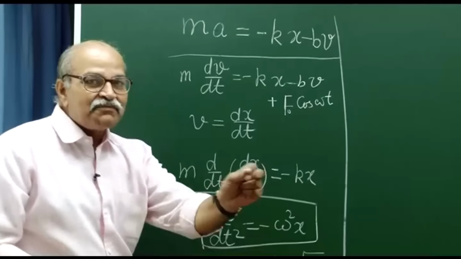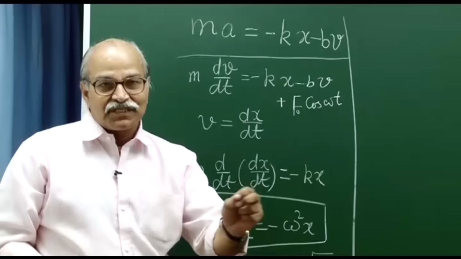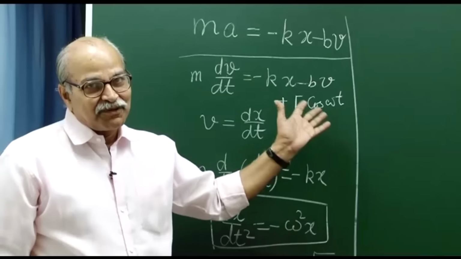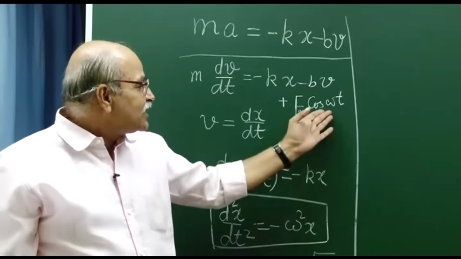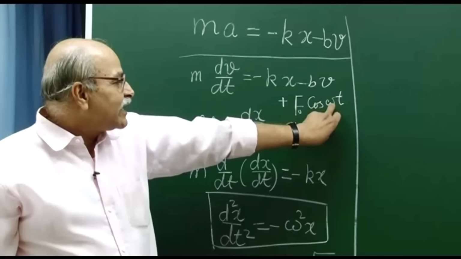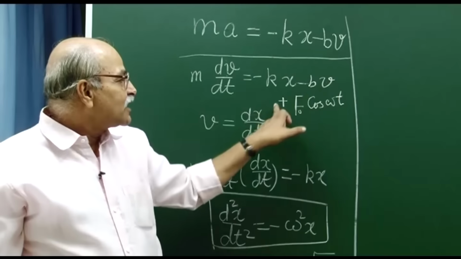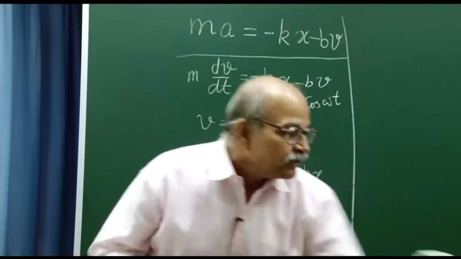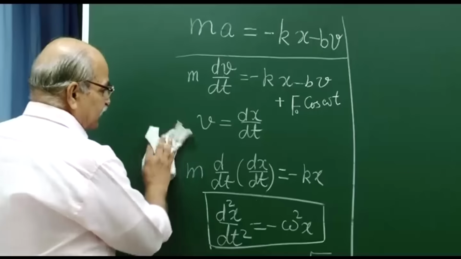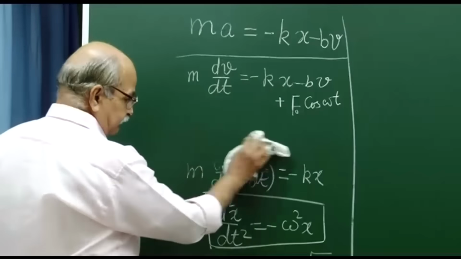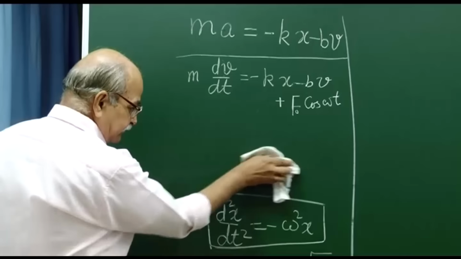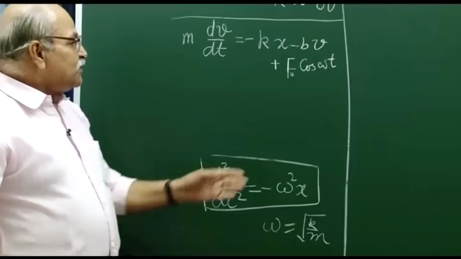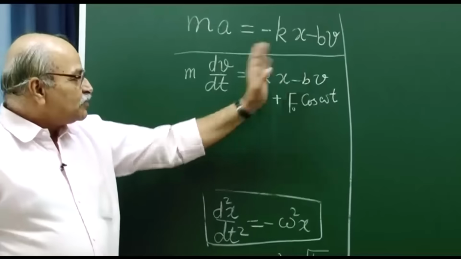Of course, when I am giving this periodic force through my fingers, I am not following that nice smooth cos omega t variation, but nevertheless let us say at some frequency omega we are applying an external force. So, what will happen? Let me remove this part and this part.